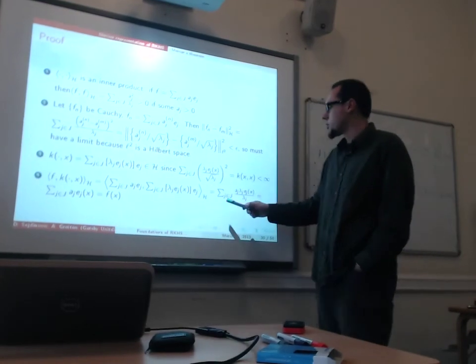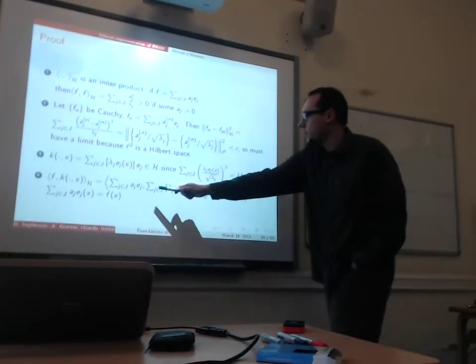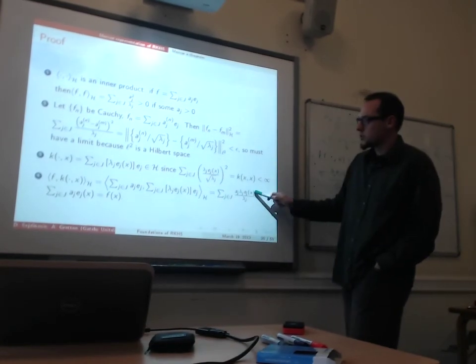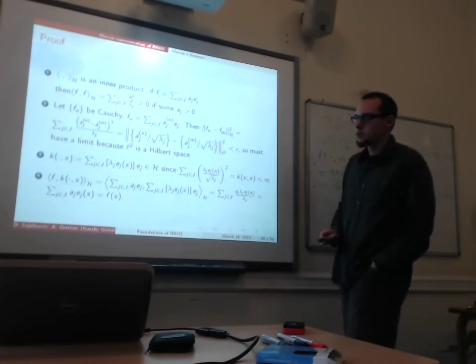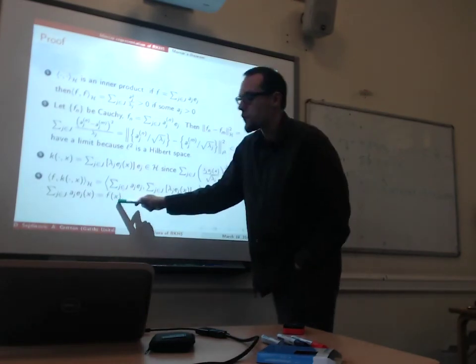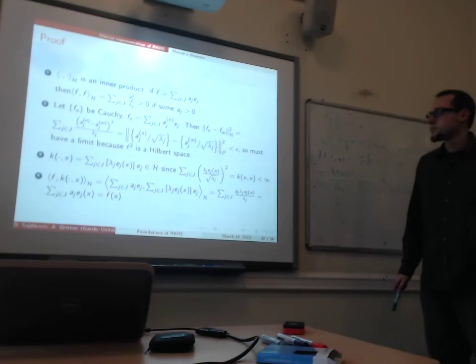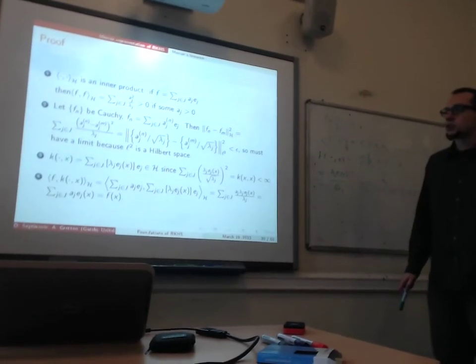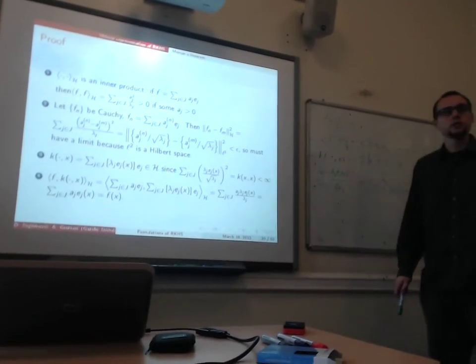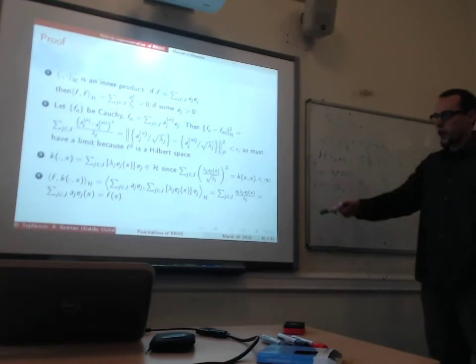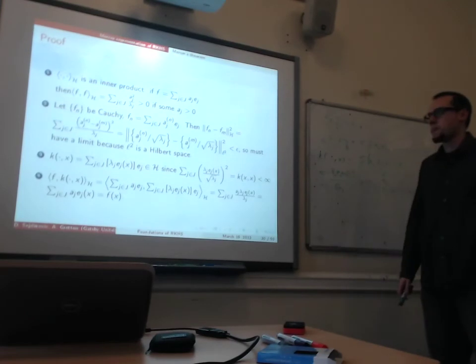I apply the definition of an inner product. I get a_j times these coefficients, lambda_j e_j(x). Lambda_j and lambda_j cancel out, and I just get my function f evaluated at x. So certainly, this is an RKHS that corresponds to k, because k(., x) is in H, and k(., x) has a reproducing property on that space.